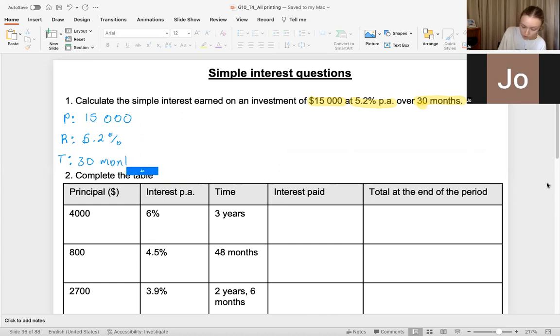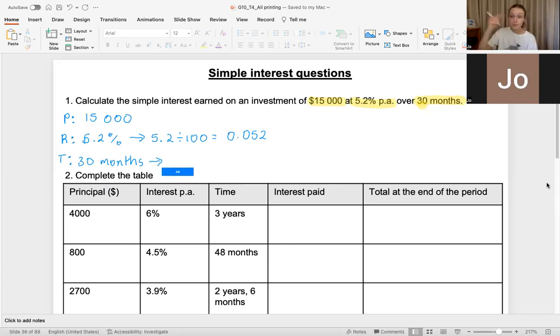Before I can jump straight into my calculation, let's recall that your rate needs to be as a decimal. So that's going to be the number divided by 100, which in this case would be 0.052. Also, my time needs to be in years.